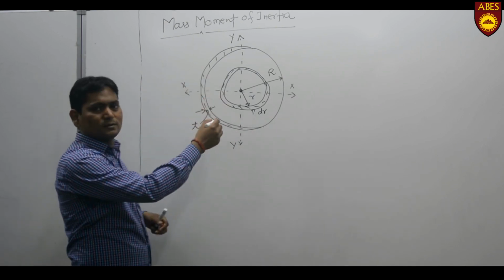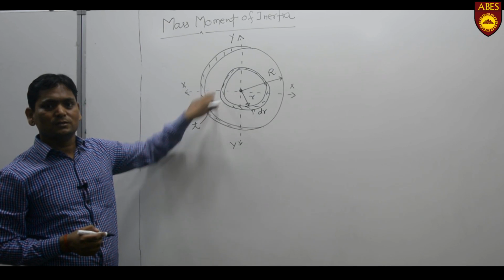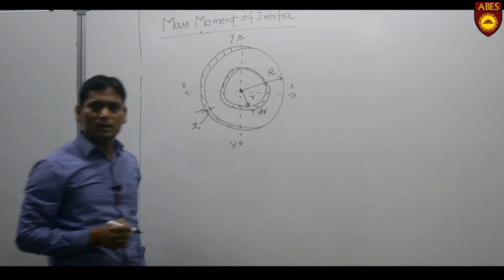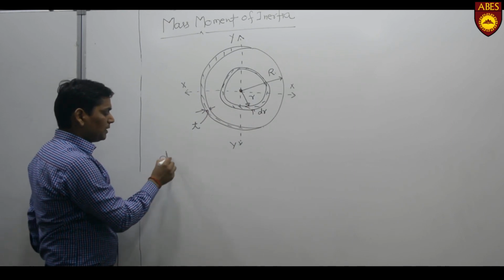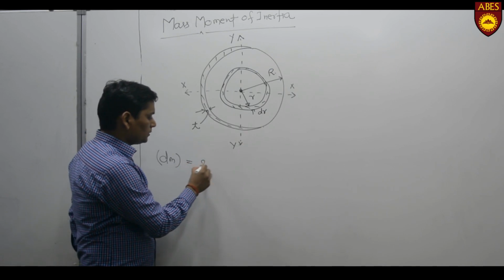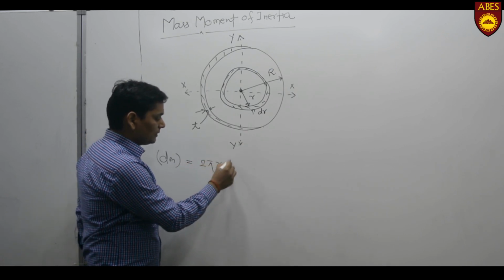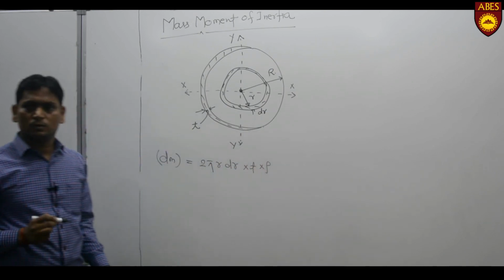I have considered a small ring of this section. The radius will be small r and the width will be dr. Now the mass of the elemental strip equals 2 pi r dr into t into rho.